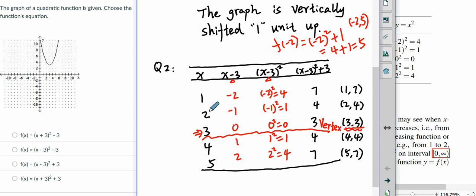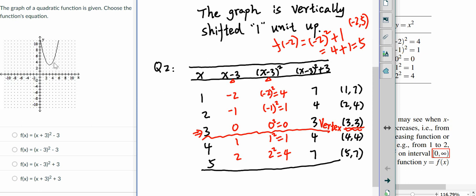And we used this expression. The other 1, 2, 3, 4 points work in the same way. For example, if you have x equals 4, 4 minus 3 is 1, 1 squared is 1, plus 3 is 4. So you have 4, 4, this point. Originally was 3, 3.